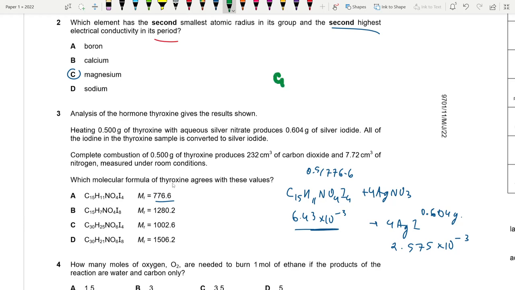So we have C15H11NO4I4. When it reacts with excess oxygen, we get carbon dioxide and nitrogen. So carbon dioxide should be multiplied with the 15.